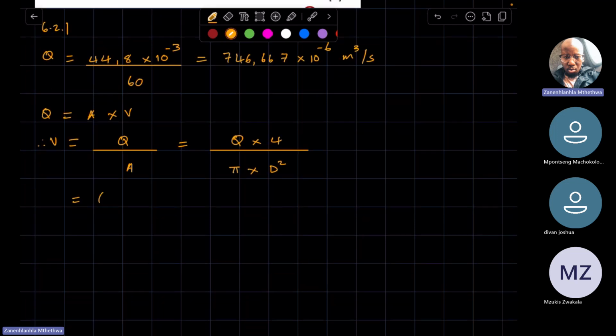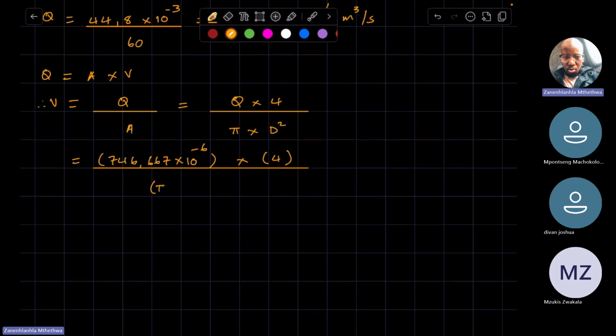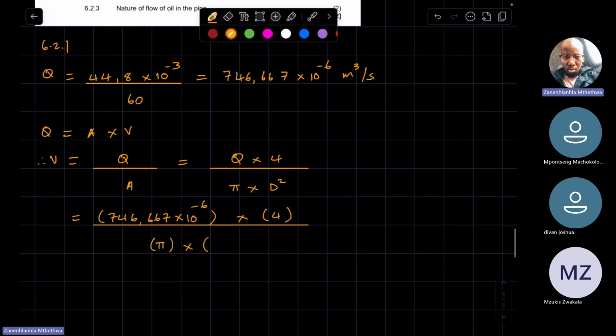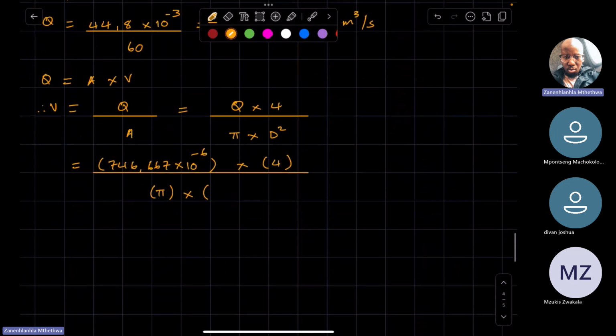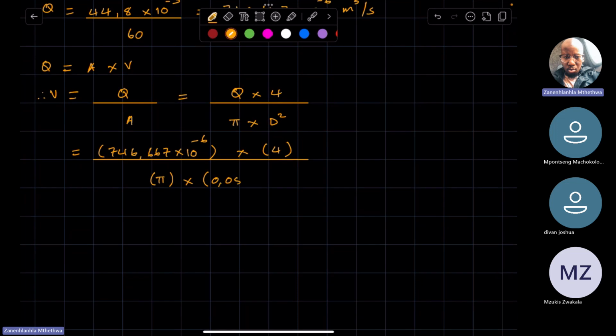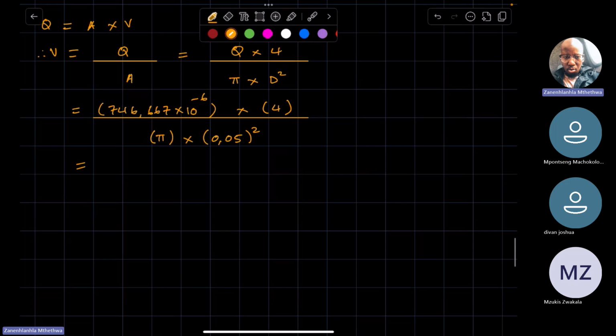So Q is 746.667 times 10 to the negative 6, times 4, divided by pi times the diameter, which is 0.05, squared.